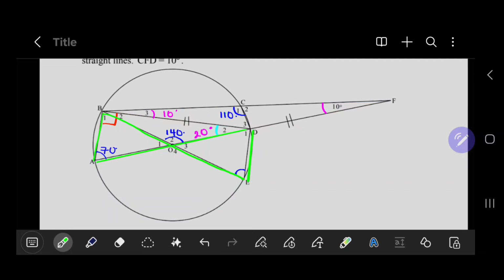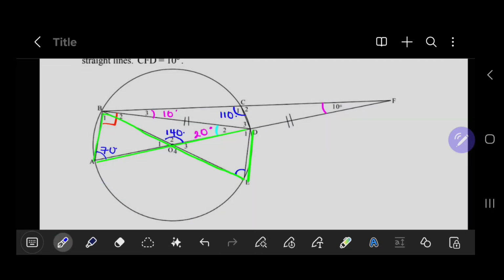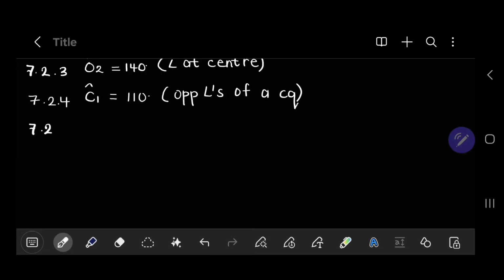So if you have 2 points on the circumference and they subtend more than one angle that lies on the circumference, those angles are equal in size, meaning that angle A and angle E would be equal in size, okay? They'll be equal in size because of angles in the same segment. So angle E is 70 degrees. Okay, let's write that down.